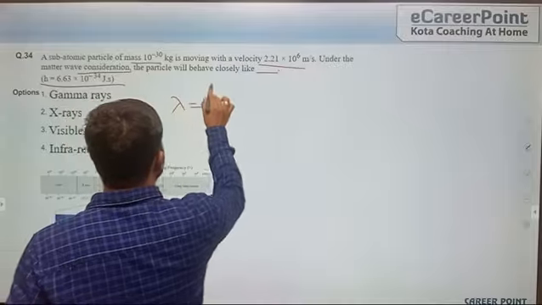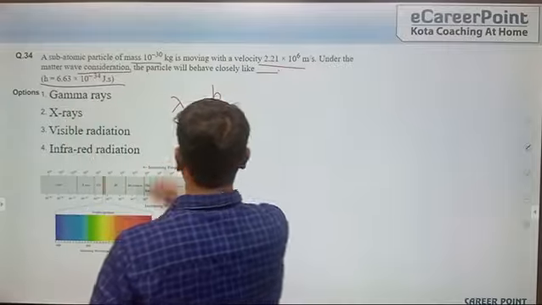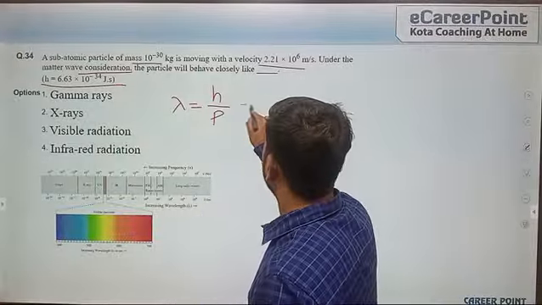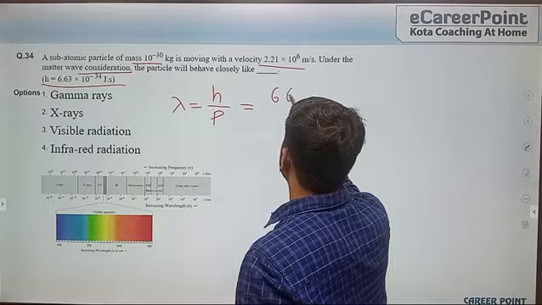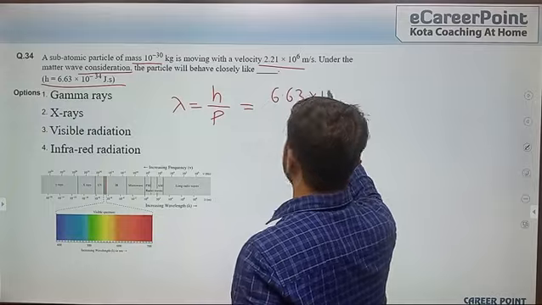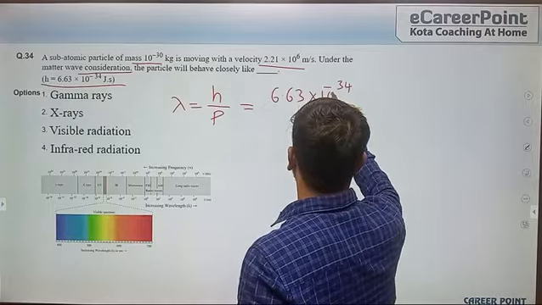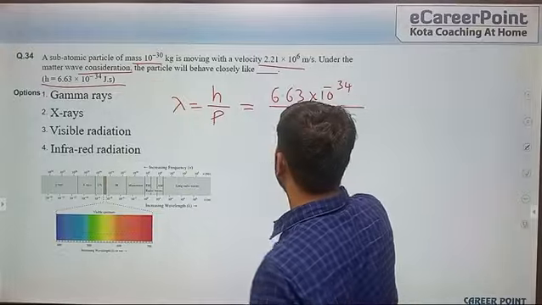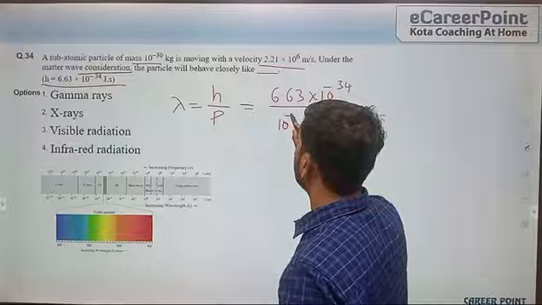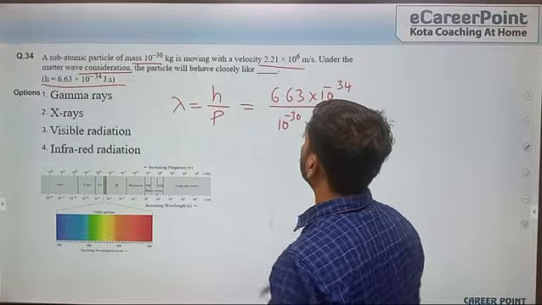Lambda is equal to h by momentum. So what is the value of h? Here we have 6.63 into 10 power minus 34 by momentum, mass into velocity. What is the mass here? 10 power minus 30, into the moving velocity.